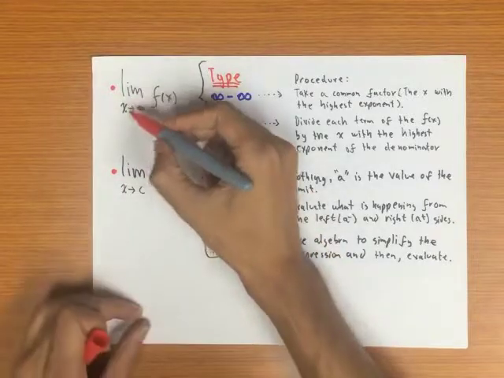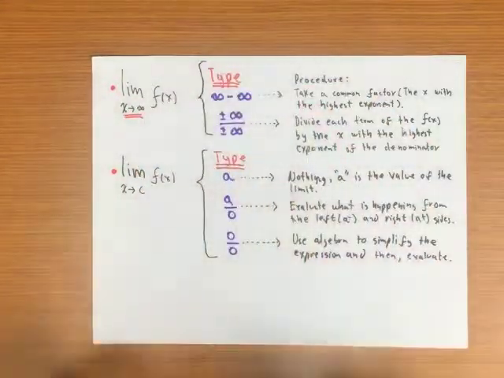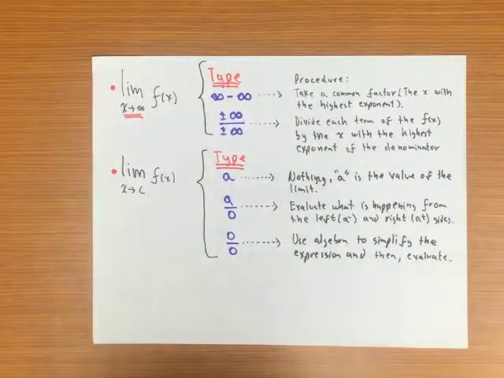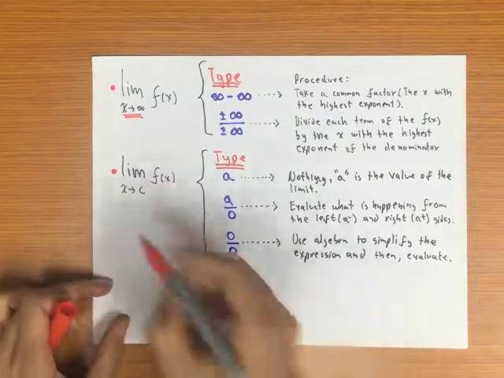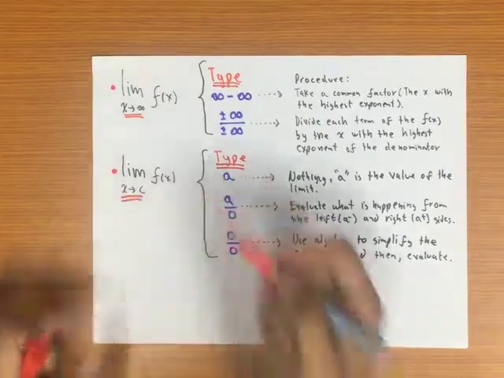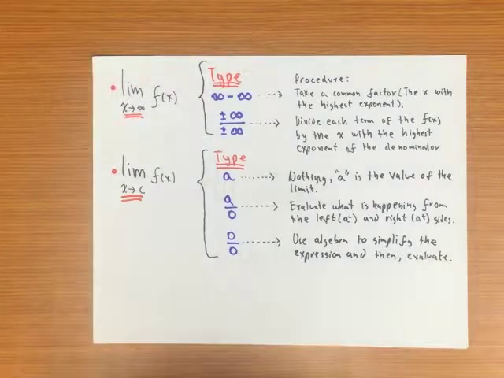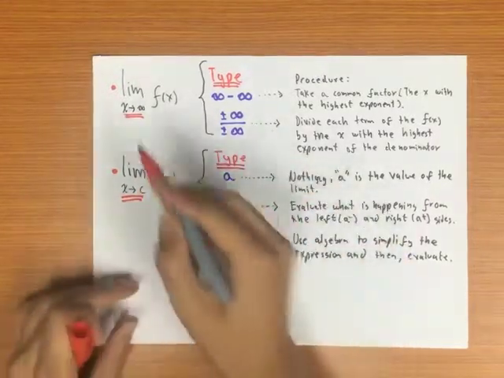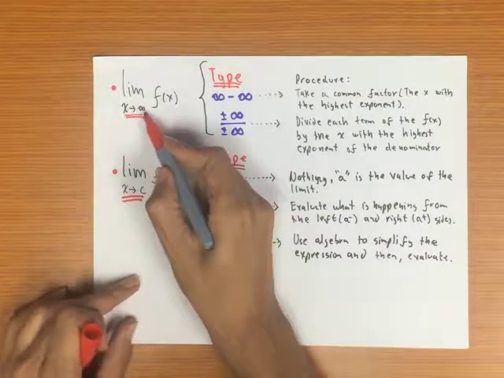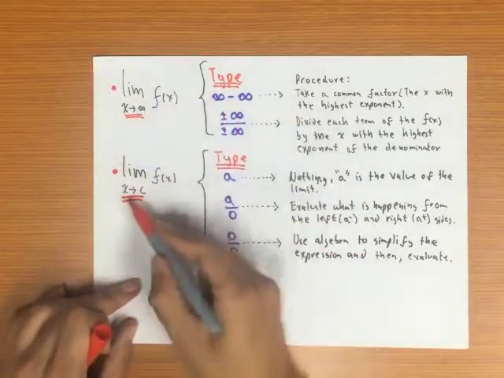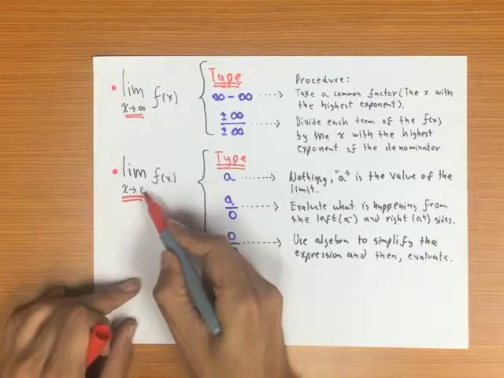The first one is when x is approaching positive or negative infinity, and the other one is when x is approaching some number that, remember, we call c. So here x is approaching infinity, it could be positive or negative, and here x is approaching c.